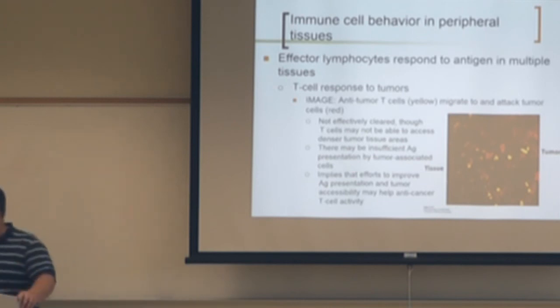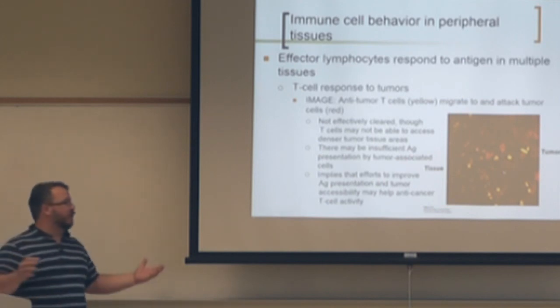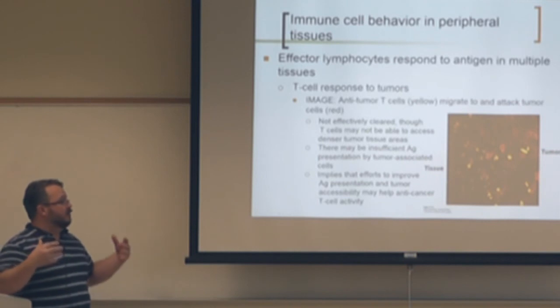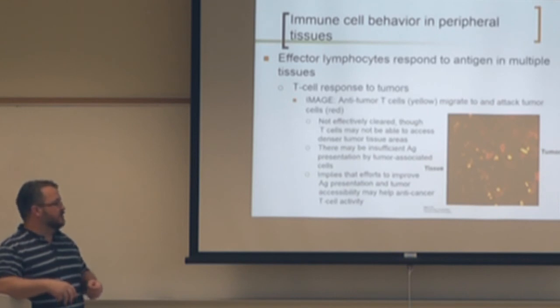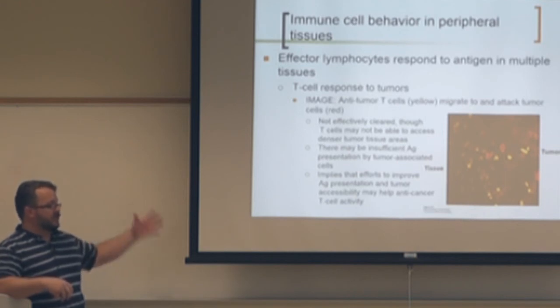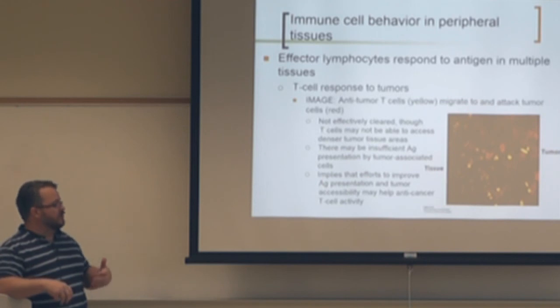But looking at the pictures, we could see T cells were specific for tumor in this case, but they weren't able to get to a lot of the tumor. The tumor had formed these really massive cyst-like structures that didn't allow for good, proper presentation of antigen. We saw T cells getting rid of a lot of the loosely associated cells, but not able to get into that.